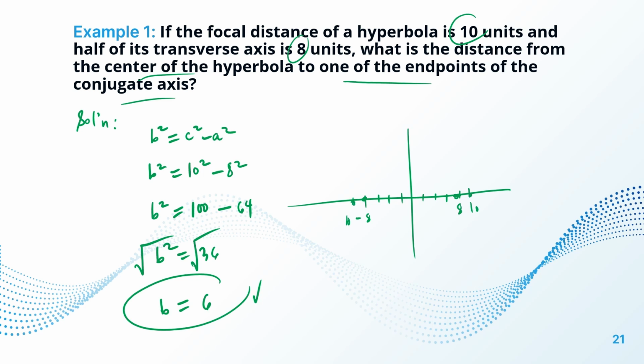If we're going to draw a hyperbola, this is one opening to the left and to the right. Then the length of the conjugate axis, which is B, is 6: 2, 4, 6. So the endpoint of the conjugate axis is found here.